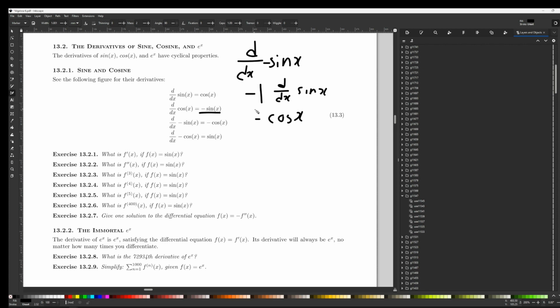If we want to find the derivative of negative cosine x, we can factor out the negative 1 and just find the derivative of cosine x. The derivative of cosine x is negative sine x, and we end up back at sine x. So all you need to know is that the derivative of cosine x is negative sine x, and the derivative of sine of x is cosine x.